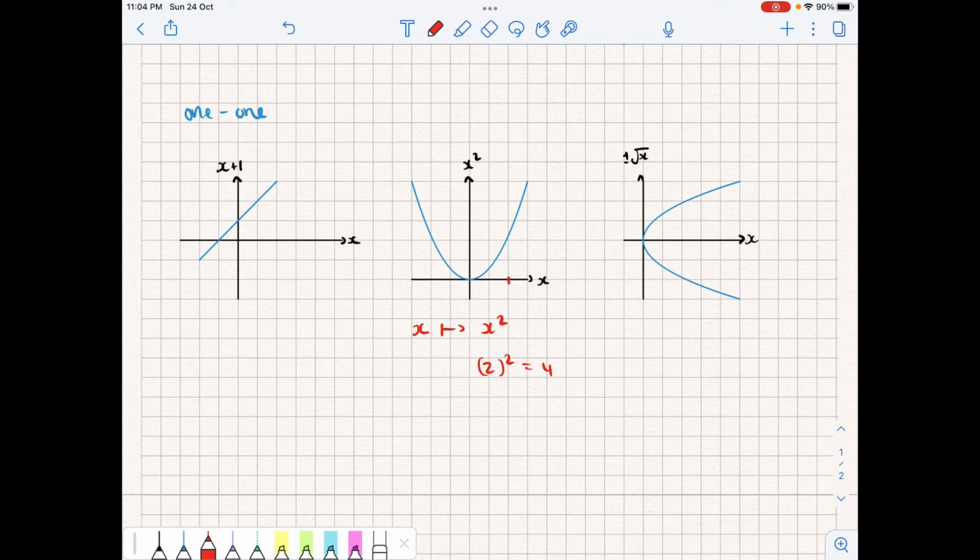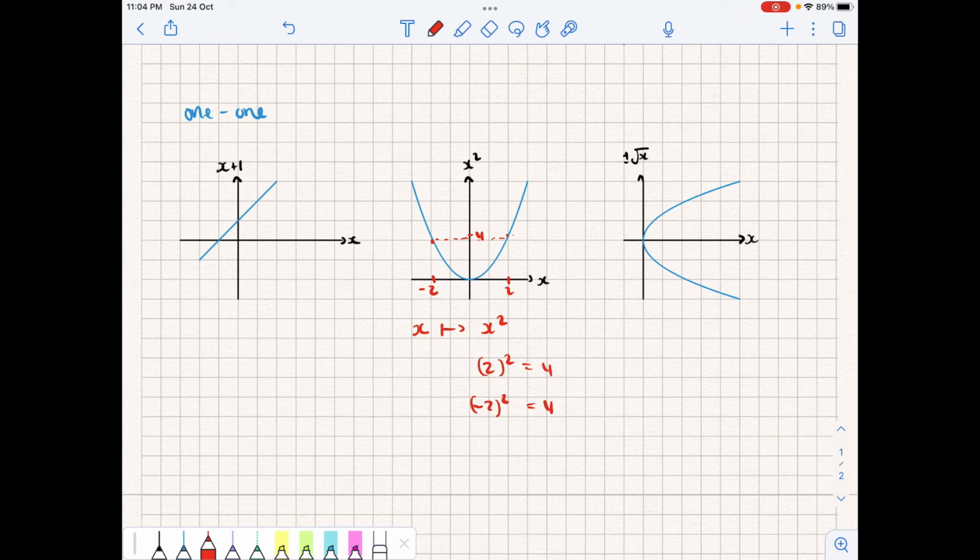So we could represent that as 2 and as 4. However, minus 2 squared will also give us 4. So we could have minus 2 also equal to 4.